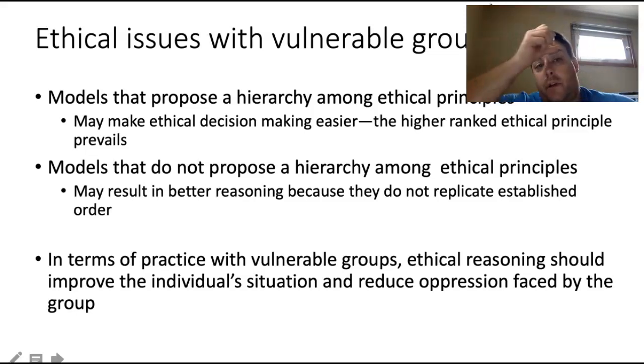So to conclude the brief section here on ethical issues with vulnerable groups, ethical reasoning really should improve the individual's situation and reduce the oppression faced by that vulnerable group. So it should include both micro and macro kinds of action. It's a very difficult thing to do, but that's why our profession has existed for the last 150 or so years.